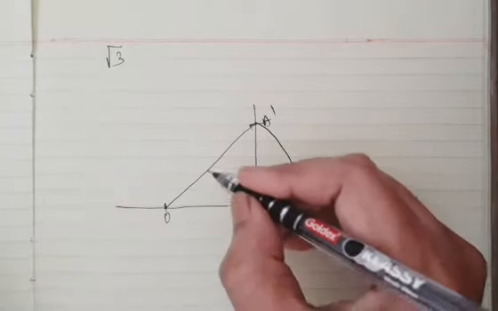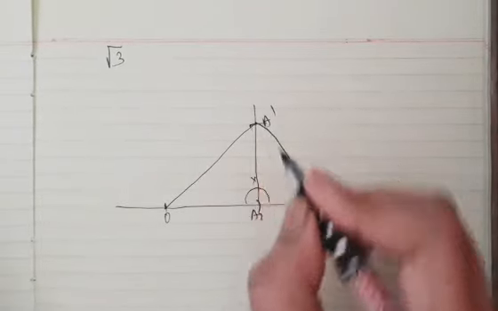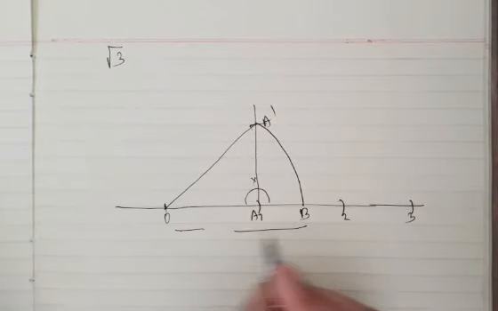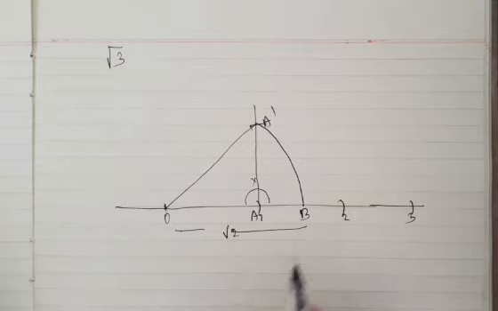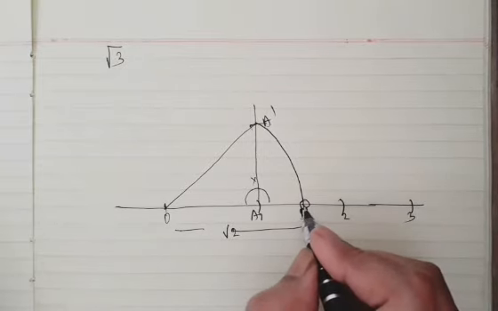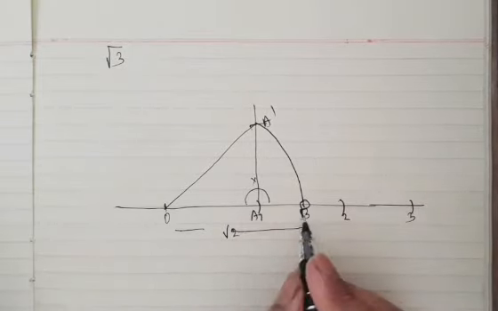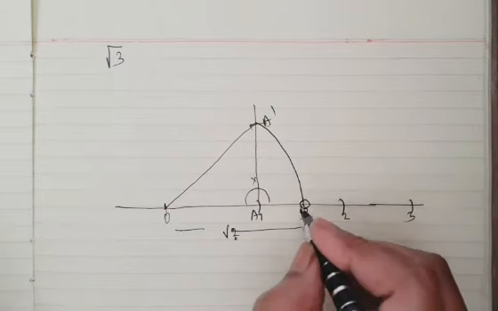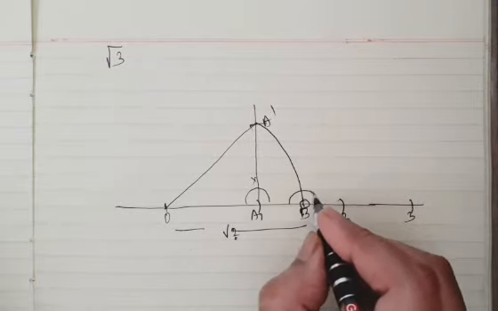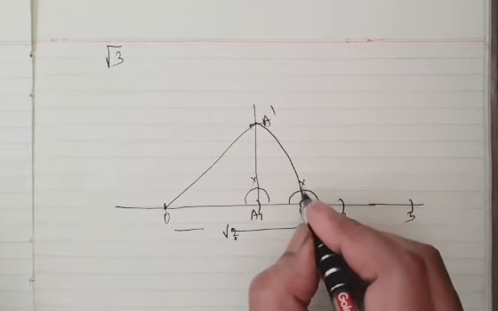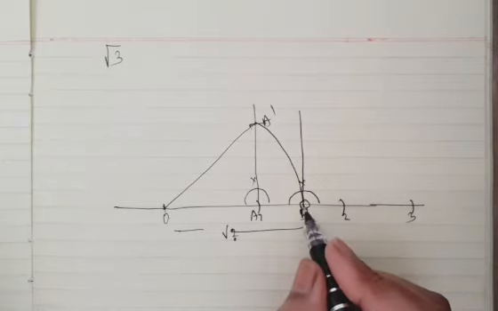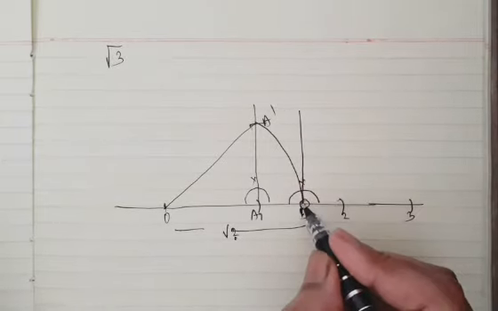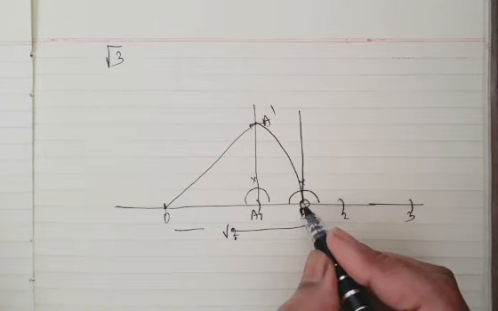Now from the previous construction we know OA dash equals OB, and that is equal to root 2 unit length. So B represents root 2, and OB is of root 2 unit length. Now at B you again construct 90 degrees. Then from this perpendicular you take an arc of 1 unit length.